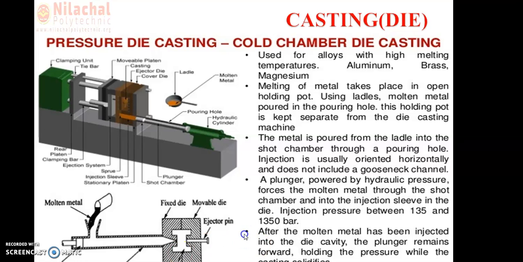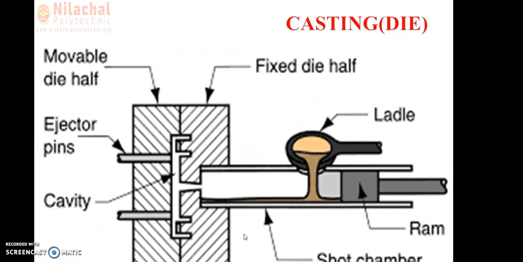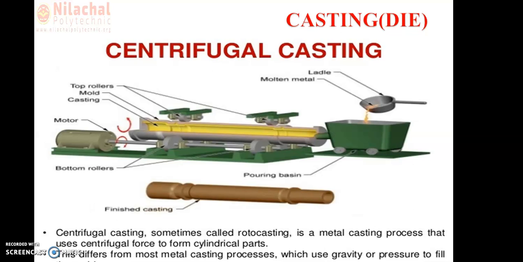Let us discuss another casting process. Already we have completed the hot working process and the cold working process in die casting. So let us discuss the third one, which is named the centrifugal casting process. First of all, what do we mean by centrifugal casting?